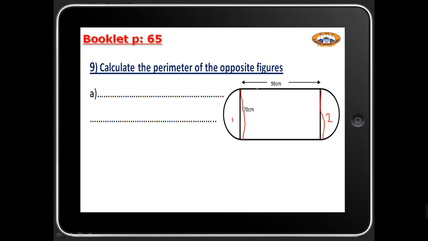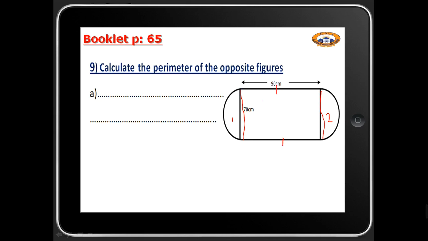And also we have a side here. Its length is 90 centimeter, and also another side here, and this shape is like a rectangle. So I know that each 2 opposite sides are equal. So if this is 90 centimeter, this other side will also be 90 centimeter.